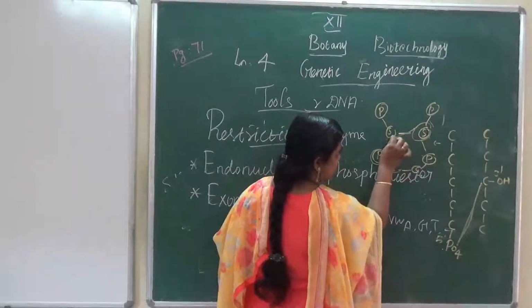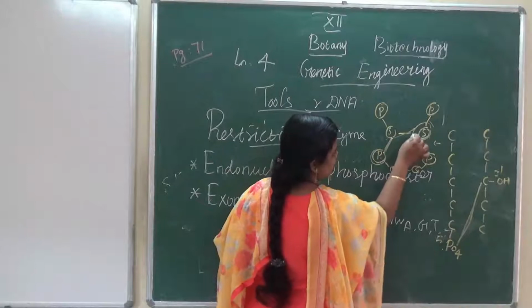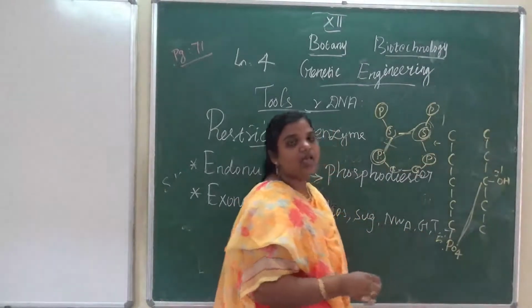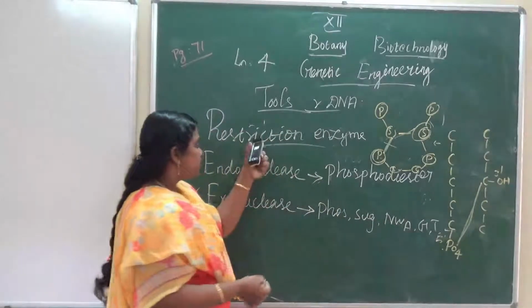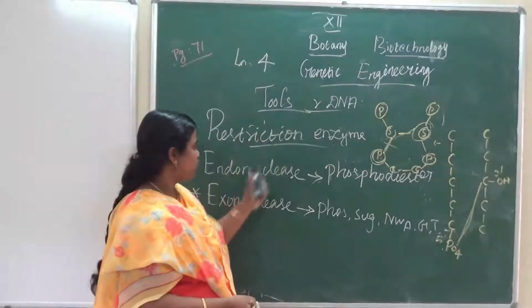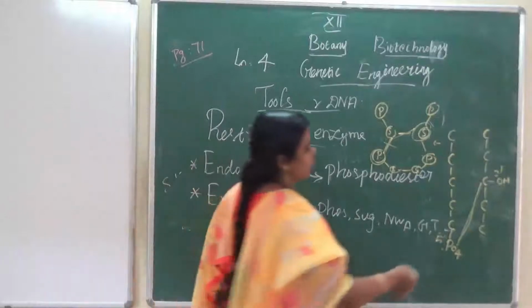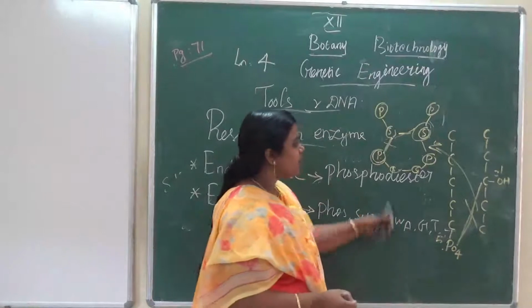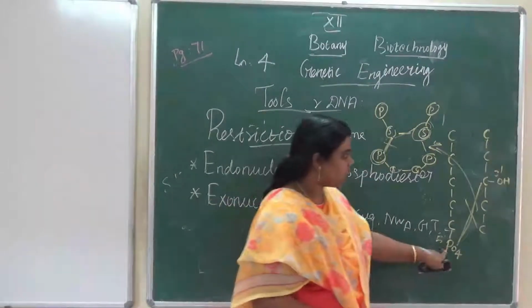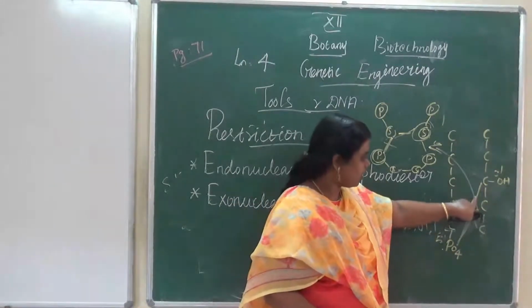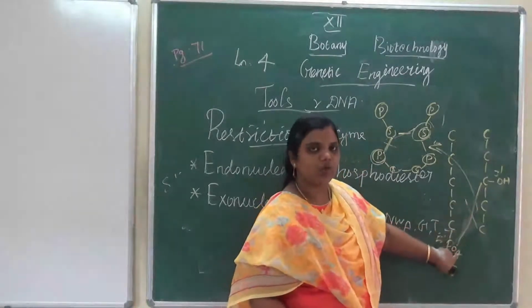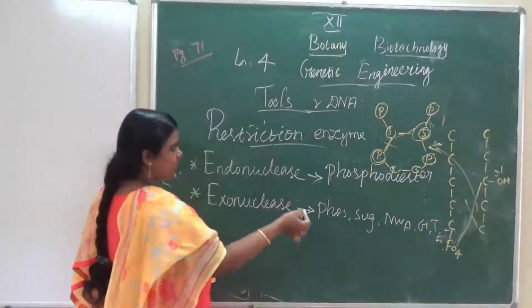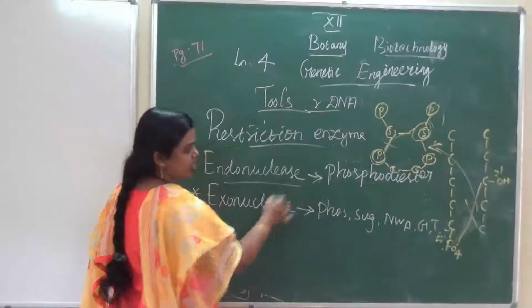In that joint, the sugar to phosphate portion can be cut and removed by restriction endonuclease. This portion is phosphate, this is sugar. So that bond can be broken or removed by the enzyme restriction endonuclease.